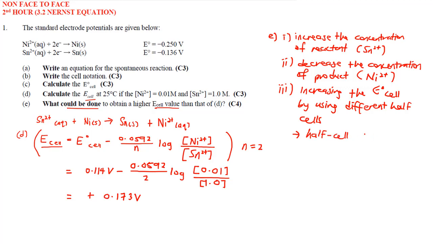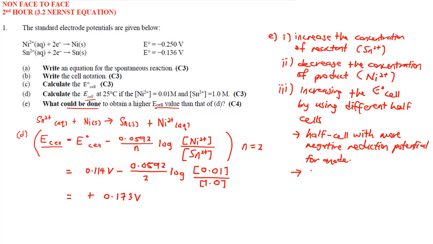Half cell with more negative reduction potential. Meaning the E naught value is the reduction potential for the anode.